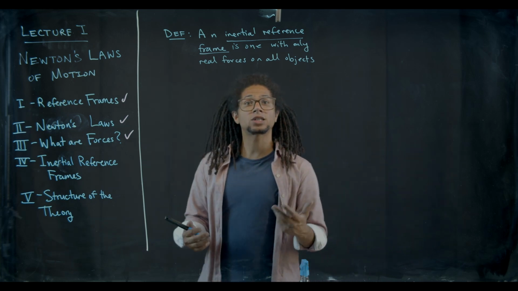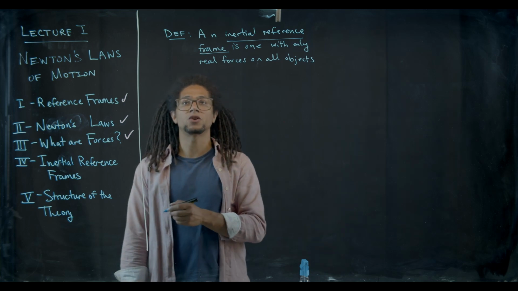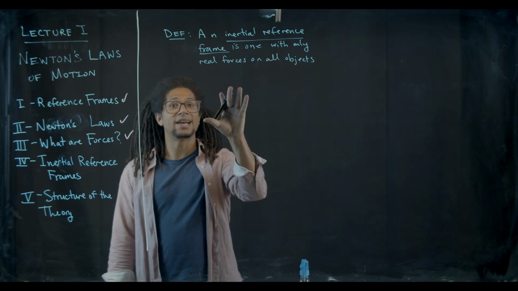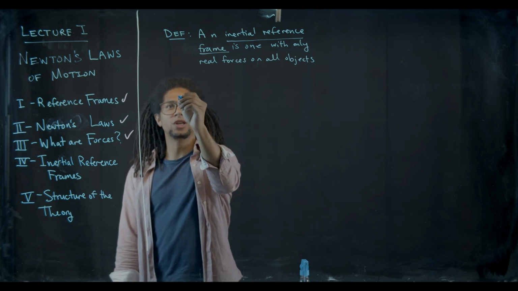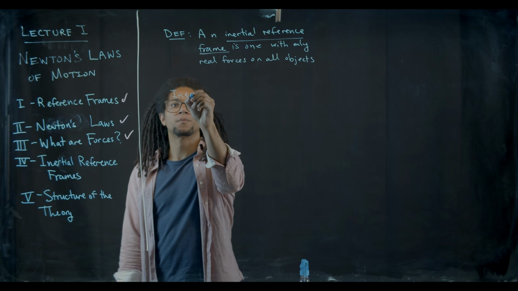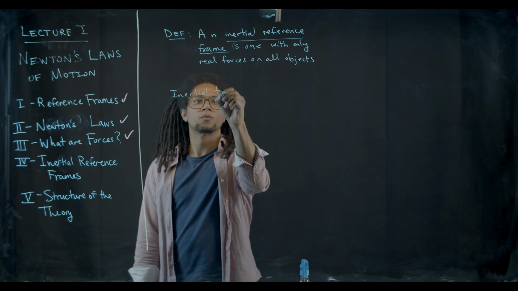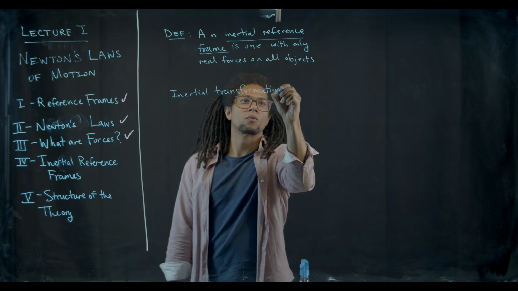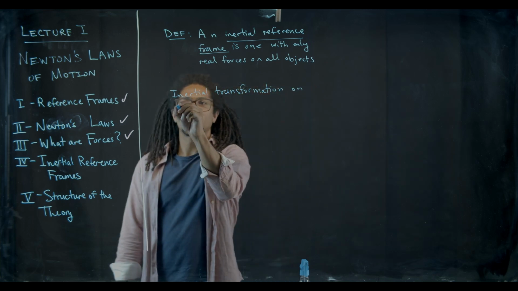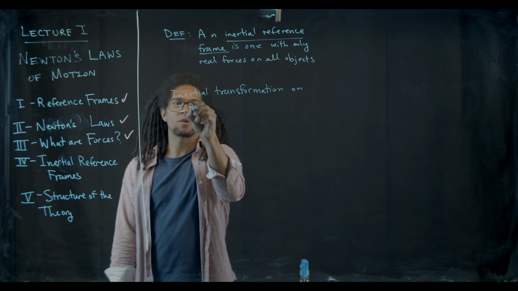So, okay, let's suppose that we start in a reference frame that has only real forces. In other words, an inertial reference frame. And we do an inertial transformation. I'll abbreviate inertial reference frame IRF.